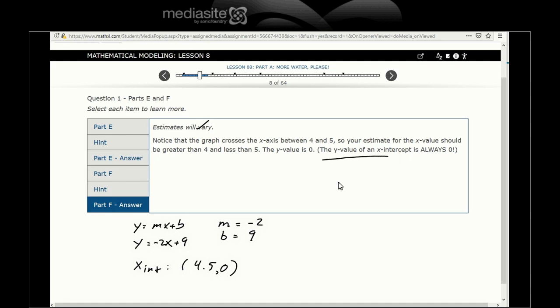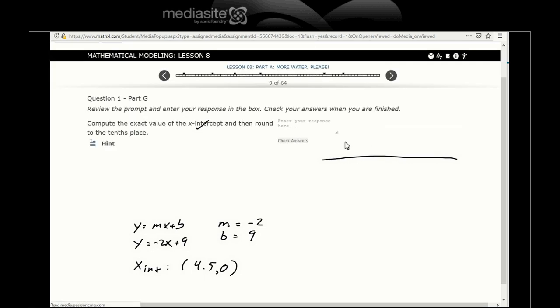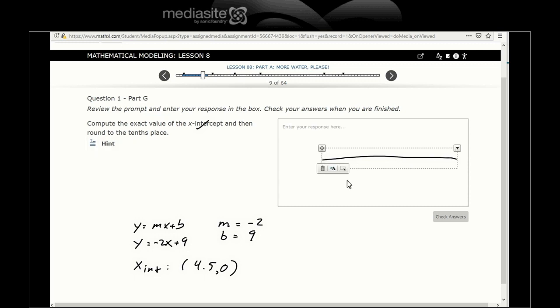The y value of an x-intercept is always 0, so between 4 and 5, which we have. Okay, we got it. Now it says compute the exact value of the x-intercept to the 10th place.